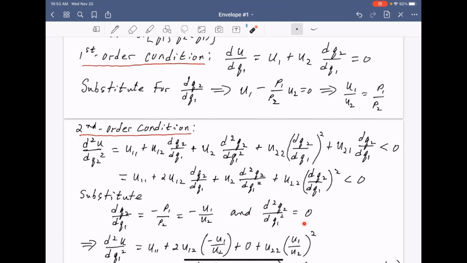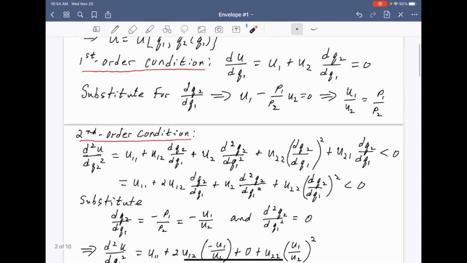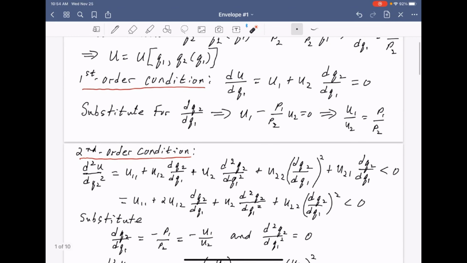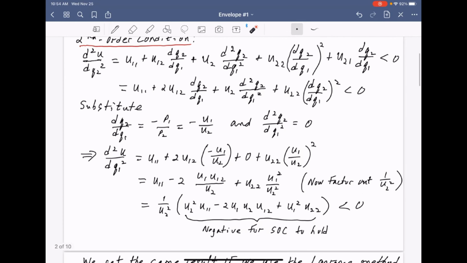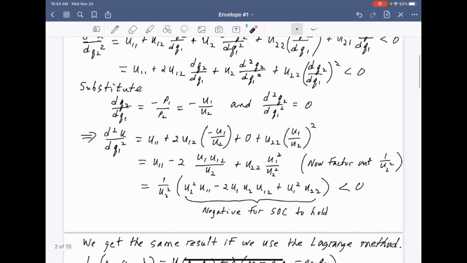And we also know that the second derivative of Q2 with respect to Q1 has to be 0, and we can see that from this expression there.